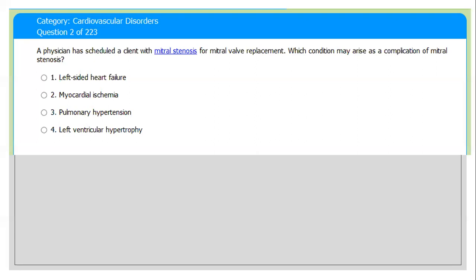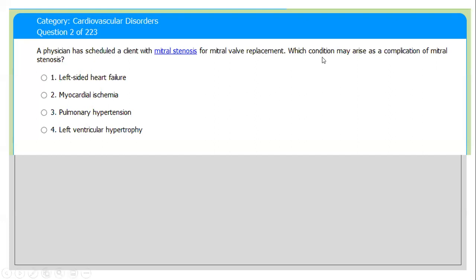If untreated, this results in the patient feeling tiredness, shortness of breath, and easy fatigue. We need treatment, a valve replacement.